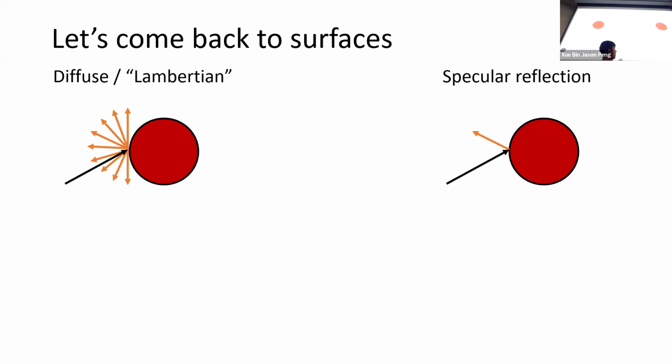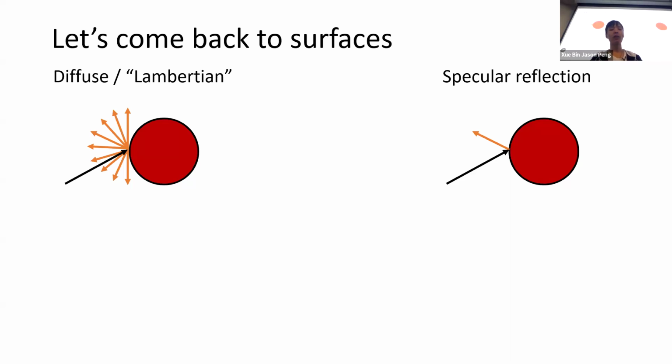You can think of this as a mirror reflection, where light hits a surface and is reflected back in a specific direction. These types of mirror-like reflections are called specular reflections. Light comes in, and instead of scattering in lots of different directions, it just reflects back out along a specific direction.